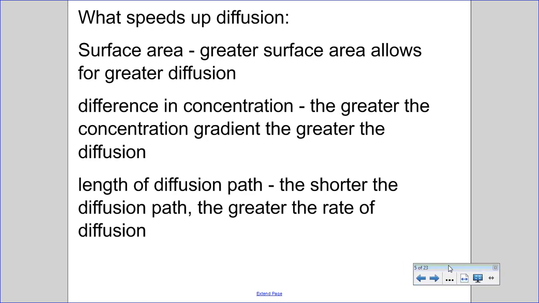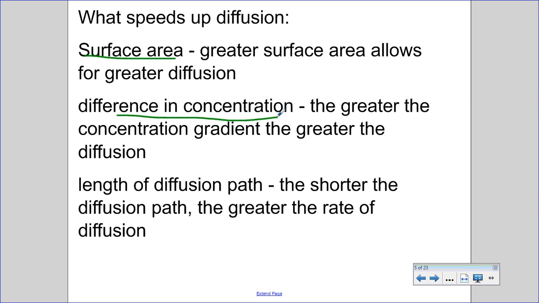Because it is diffusion that will mediate this exchange of gas, we'll go through the factors that affect diffusion. Surface area is one factor that will speed up diffusion, so a greater surface area allows for greater diffusion. The structure of the lung will look to maximize the surface area through which gas exchange will occur. The difference in concentration will also affect diffusion, so the greater the concentration gradient, the greater the diffusion rate.